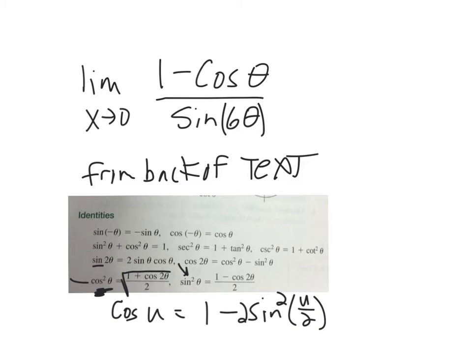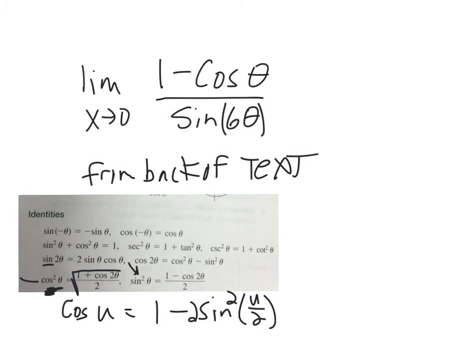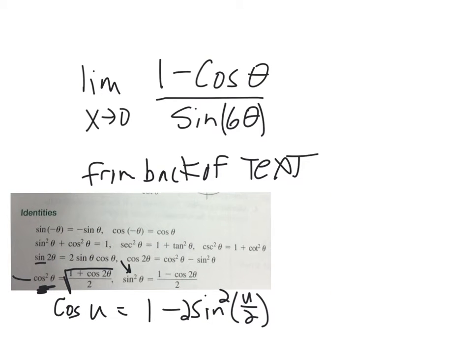So if you look at the other one, I'm going to rewrite this trig identity a little bit. I'm going to write this as sine squared of u over 2.